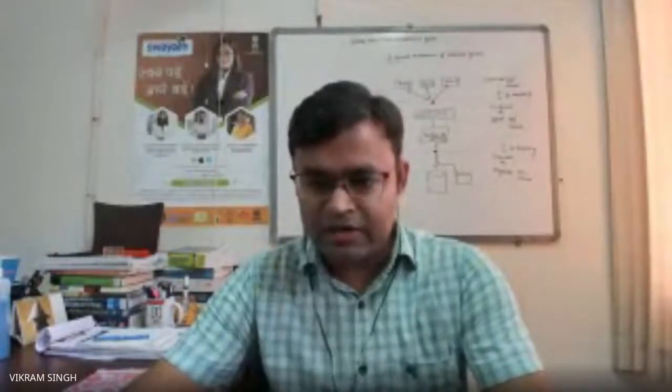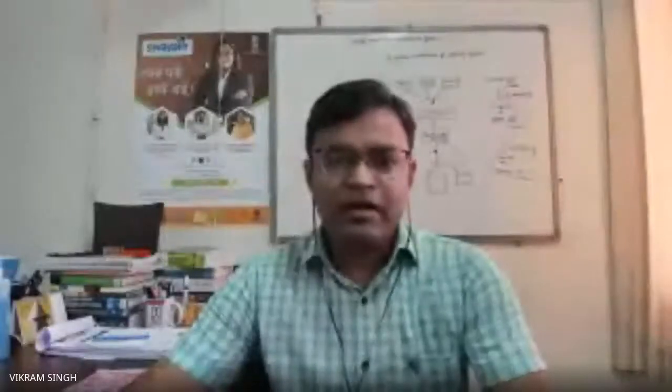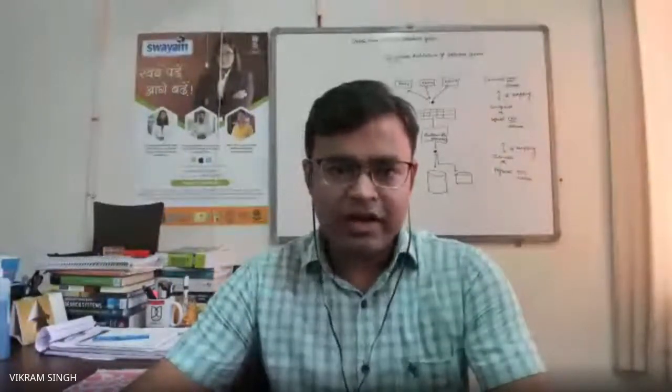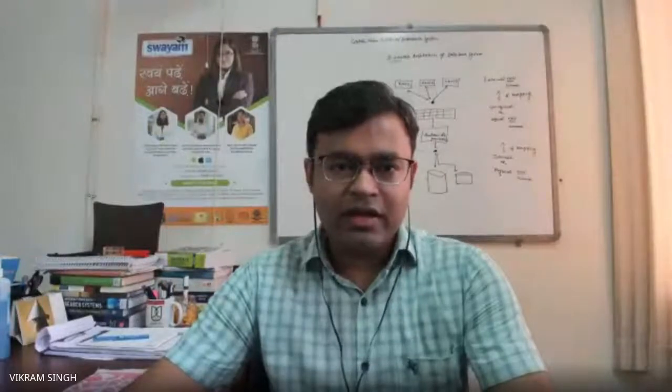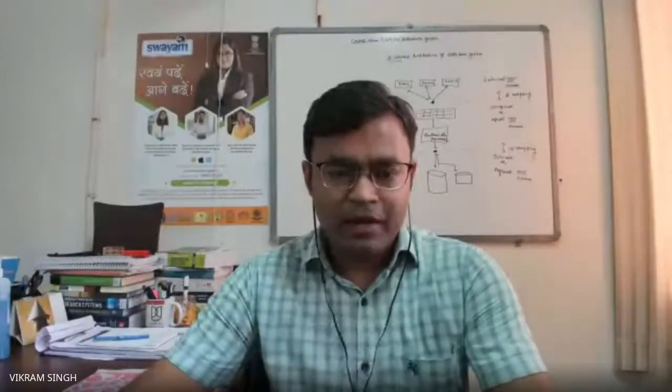Let me share my screen. These constraints have a very generic explanation or generic definition, right? So if you want to elaborate, understand more details, you must read these explanations in the book, actually, right?